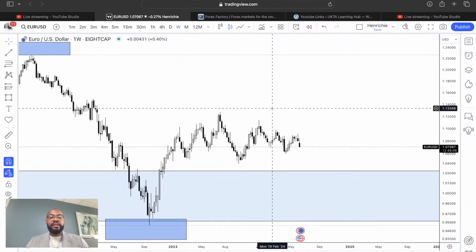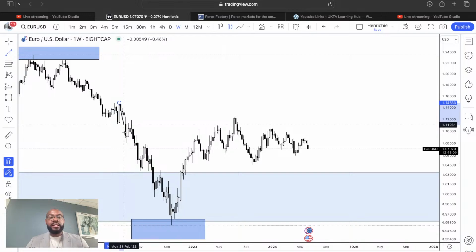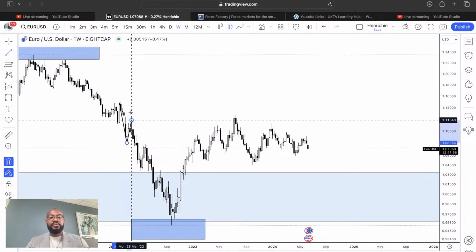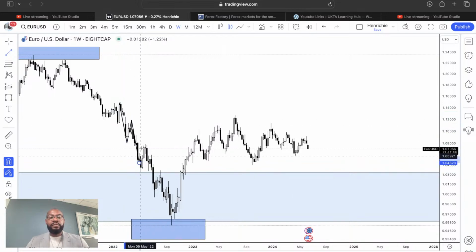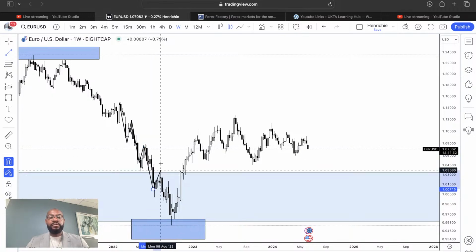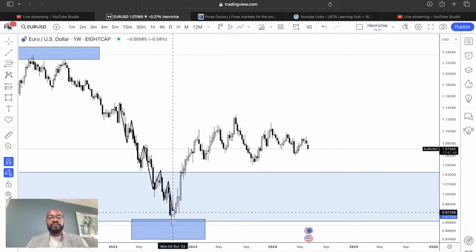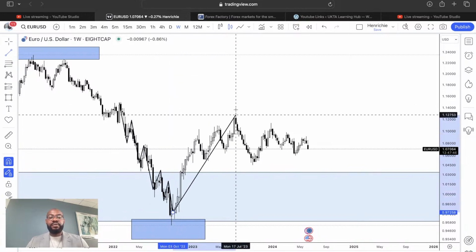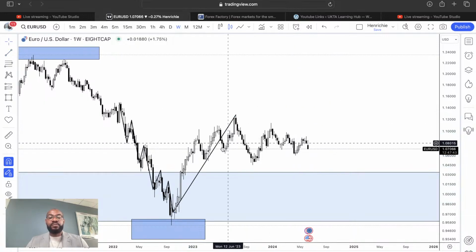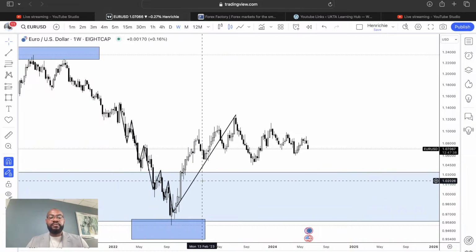Scale down to weekly time frame, and on the weekly time frame, you can see how we were trending to the downside. Lower high, lower low, lower high, lower low, until we had this impulse move to the upside. Impulse move to the upside, broke structure right here.